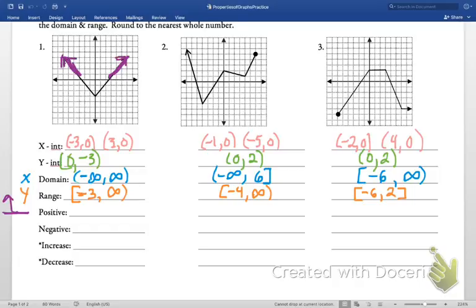Now we pay attention to the x's for this, so I kind of need to draw some stop blocks in there because we're not going to go below. So above the x-axis on number 1, I notice it starts at negative infinity, goes over to that negative 3 where that x-intercept was, and then picks up on the other side and goes from positive 3 over to infinity.